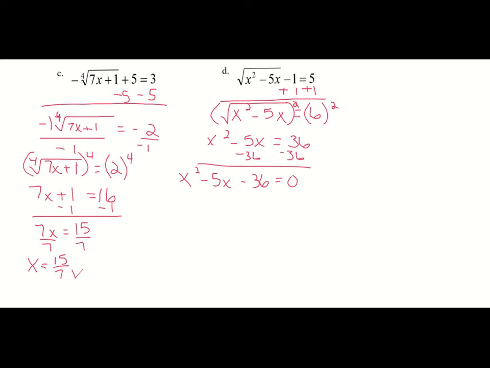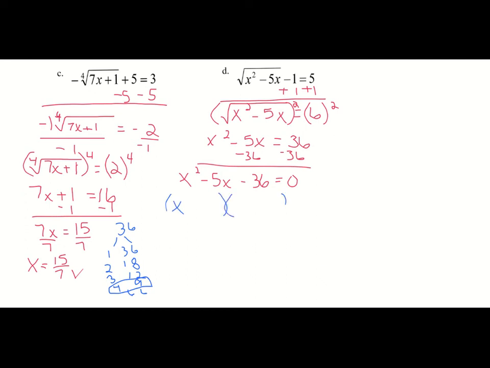I have 36 here, so for 36, my factors are 1 and 36, 2 and 18, 3 and 12, 4 and 9, and 6 and 6. And I need to make a negative 5 and a negative 36, so I'm going to have one positive, one negative. So that 4 and 9 is what I need to use.